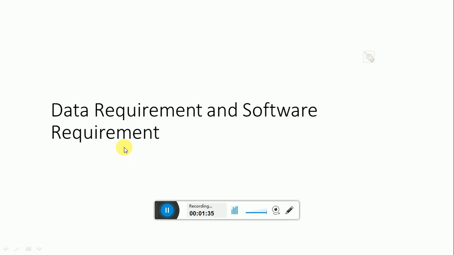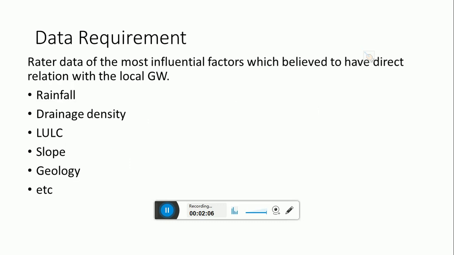And the software requirement to process and to have the groundwater potential zone, you need to have ArcMap ArcGIS with the spatial analysis tool in ArcToolbox, because most of the things that you will use to reclassify and similarly to overlay and to do the groundwater potential zones are located inside the spatial analysis tool. And those might be the factors that we will consider in this exercise.